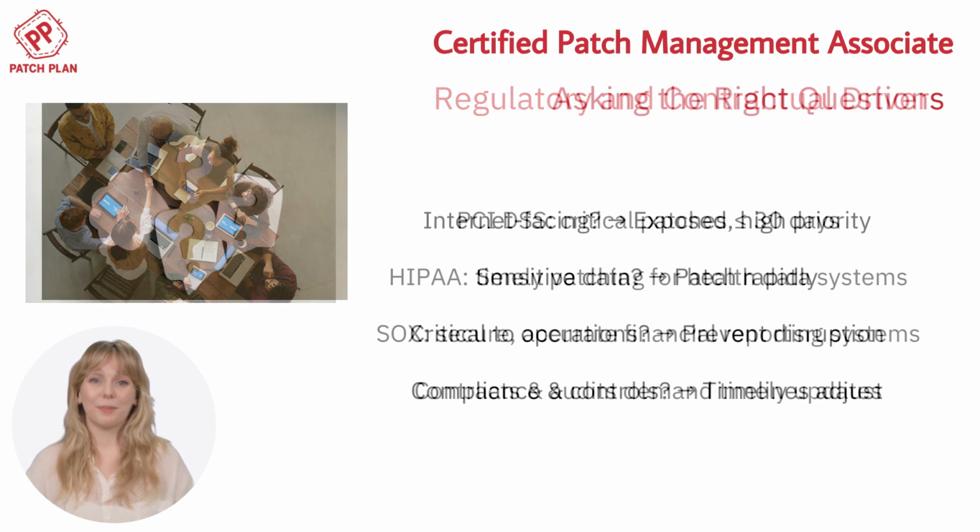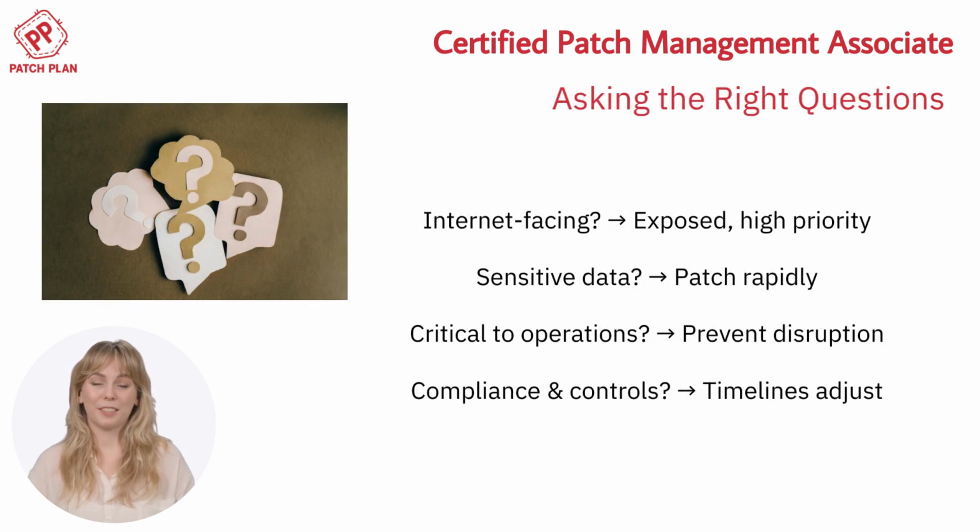At the associate level, applying business context comes down to asking simple, structured questions during prioritization. Is the system internet-facing, and therefore exposed to the widest range of attackers? Does it handle sensitive data such as PII, payment card details, or intellectual property, which demand rapid patching even for moderate flaws?